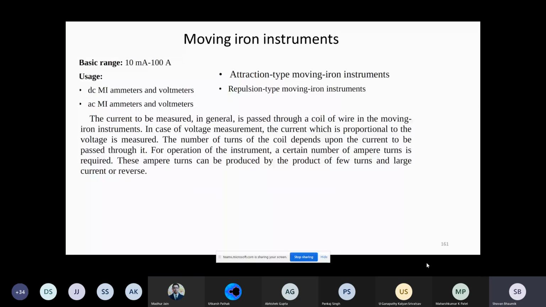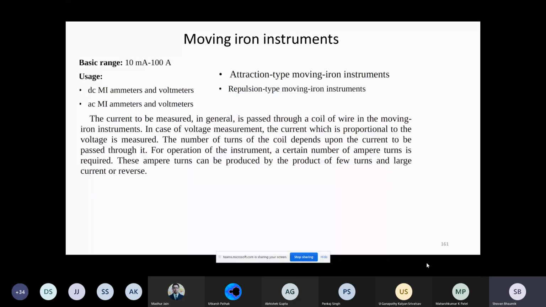There will be iron which will be attracted and move, either attracted or repulsed, and there is a deflection pointer which will be deflected on the scale. So if we come to the two specific types, one is the attraction type and another is the repulsion type.